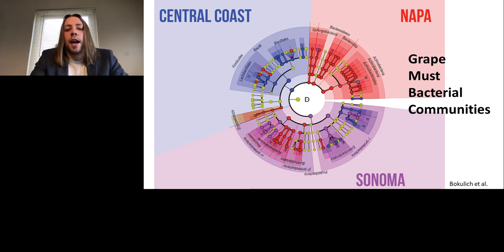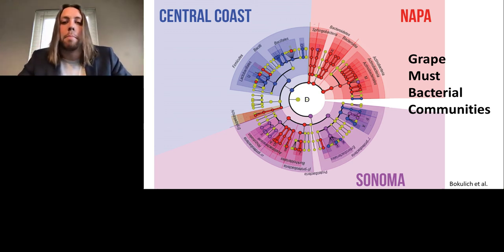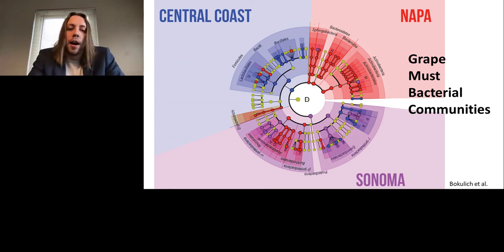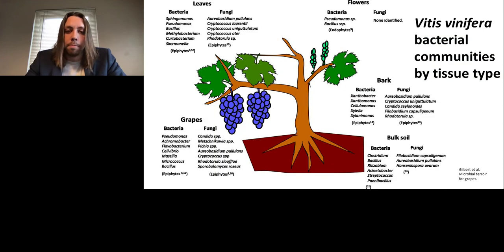Some groups of researchers have spent a lot of time on this, like Bokulich, who put together a very nice image identifying different bacterial communities associated with different types of Californian grapes during the first stage of the winemaking process, which is when you're mashing grapes together and making a grape must. So the bacterial communities on that grape must are distinct between Napa, Sonoma, and the Central Coast Valley. That's fascinating.